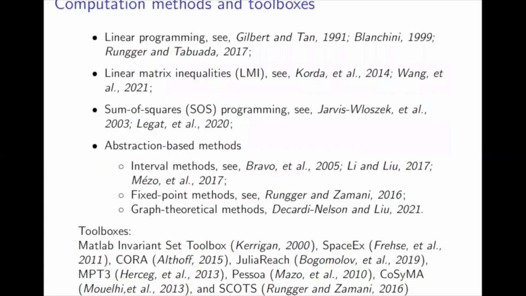So these are the model-based methods for computing invariant set. We have methods based on linear programming, based on LMI, based on SOS. And for complicated systems, we also have abstraction-based methods. And these are a few toolboxes for computing invariant set.